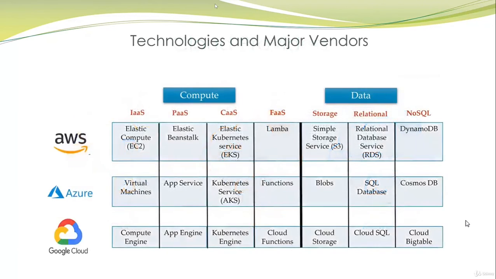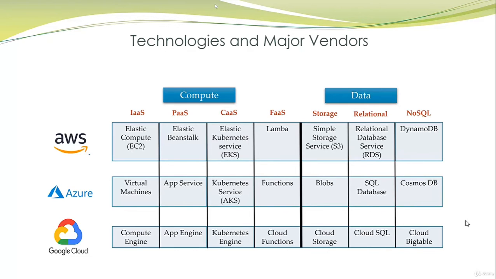So let's take an example of Amazon Web Services. AWS was the first real cloud platform, and it offers technology in all the areas I have just talked about. For IaaS, for example, Amazon Web Services offers Elastic Compute Cloud, EC2, and for PaaS, the primary service is Elastic Beanstalk.